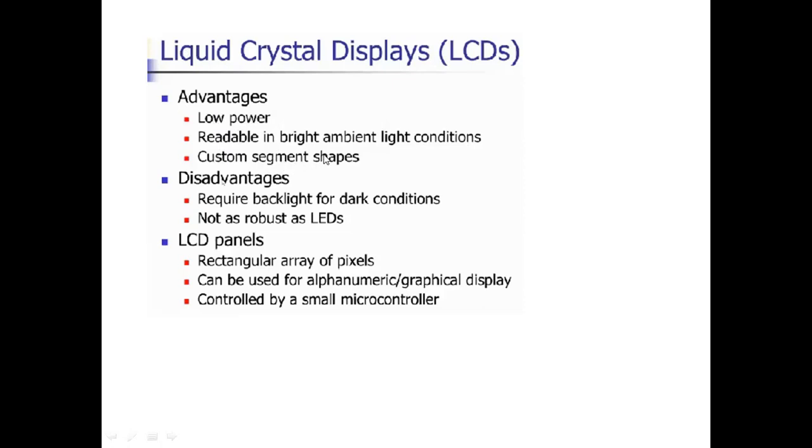So these LCDs are available in different shapes, and the main demerit is that LCDs require a backlight in dark conditions, and are not as robust when compared to LEDs. LCDs require ambient light to be visible, and the main disadvantage is that in low light conditions a backlight is needed.